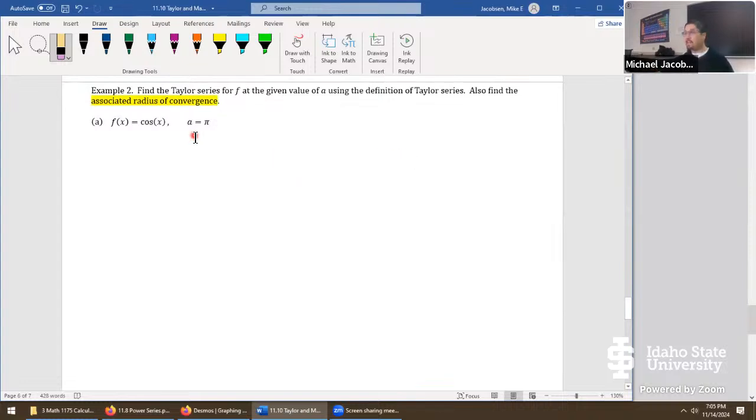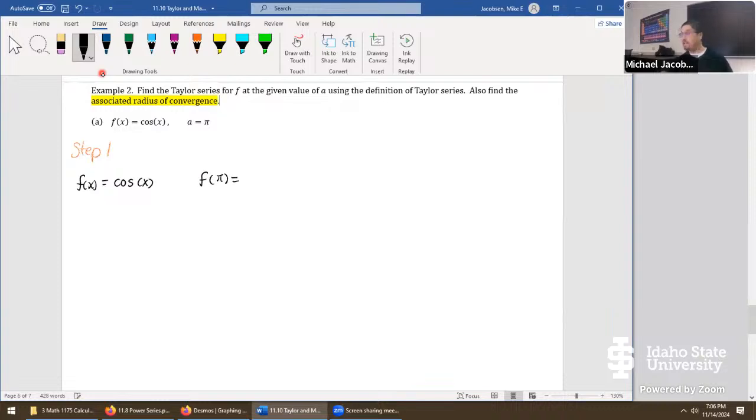We have a center at pi, and so we begin just as before. Let's write these out as a sequence of steps again, just for the reminder, this is a good process to get started. Step one is the two-column system, where we take f of x, which is cosine x, and the next column, take f at pi.